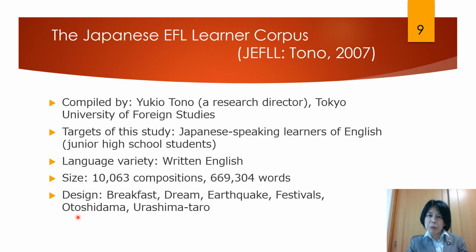Otoshidama is a Japanese custom in which adults give children money over the New Year's holiday. Urashima Taro is a kind of a Japanese folk tale. In this presentation, I focus on the production of the English dative alternation produced by junior high school students.